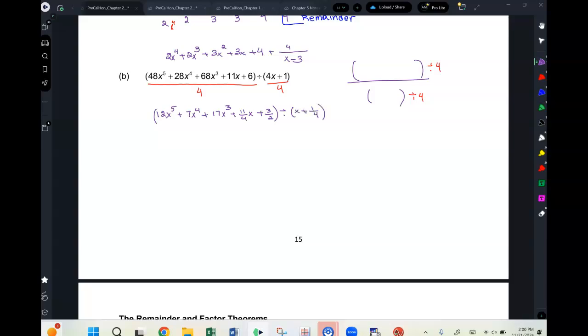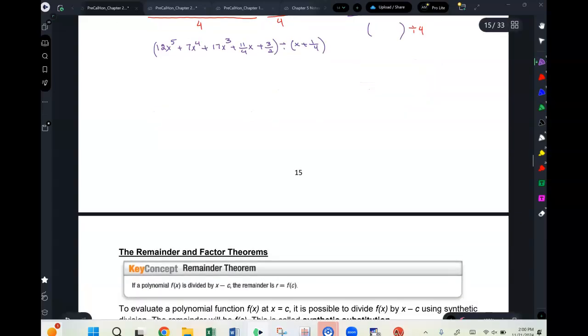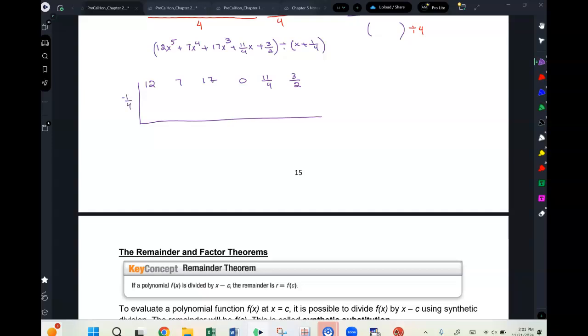So check it out. Once you divide, this original no longer exists for us. It's now just about this, okay? Don't go back to that anymore. It's gone. Forget about it. So 12, 7, 17, 0, 11 over 4, 3 over 2, negative a fourth.